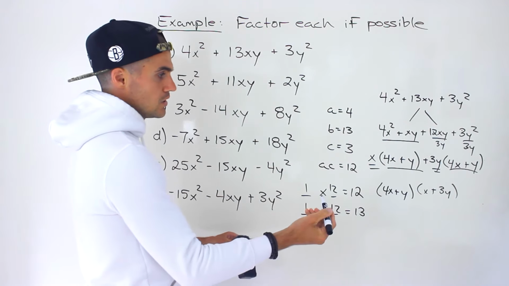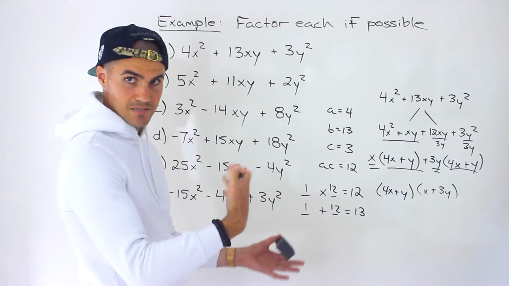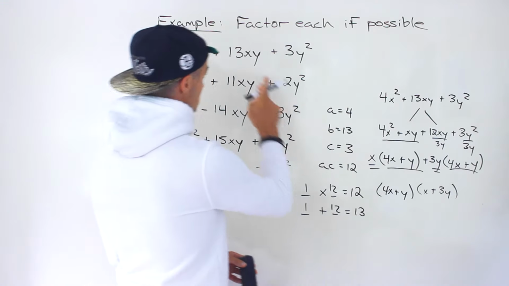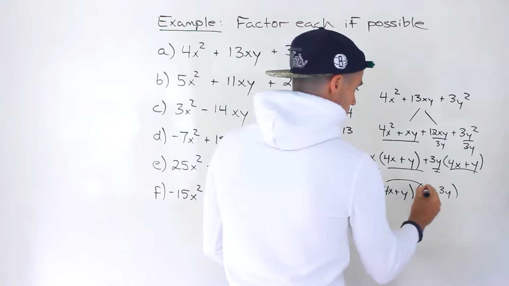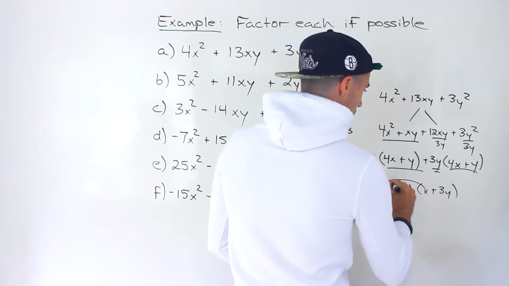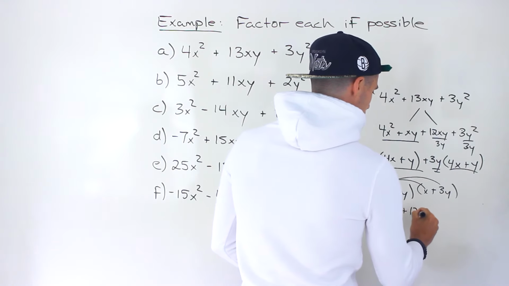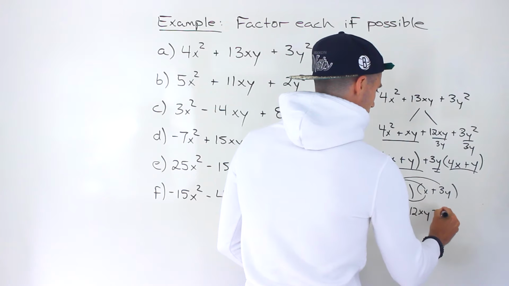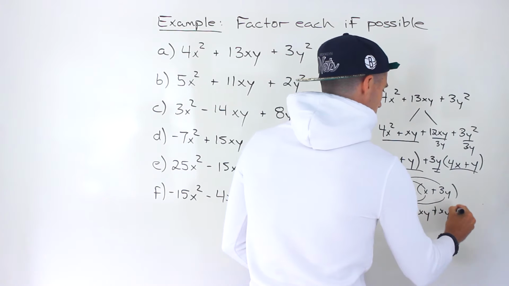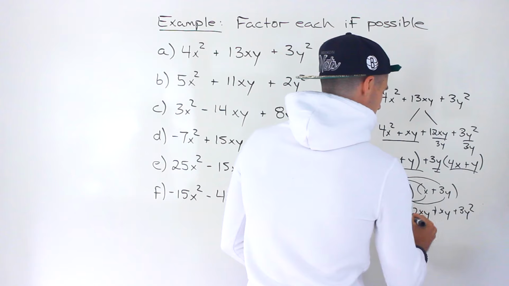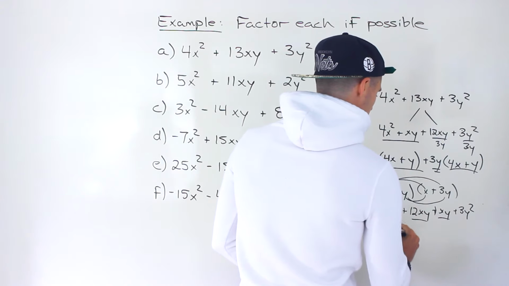And as usual, if you want to check your answer, you can expand your final factored expression to make sure that you get the original. So notice if we do that, I won't do it for all of these, but I'll do it for this one. If we multiply everything, notice these are like terms.